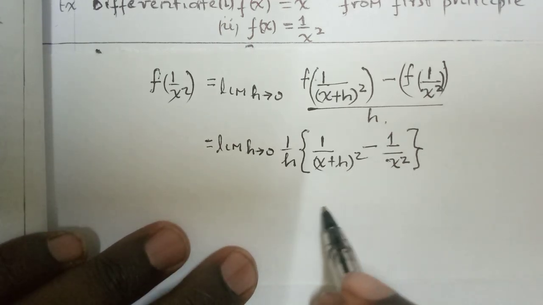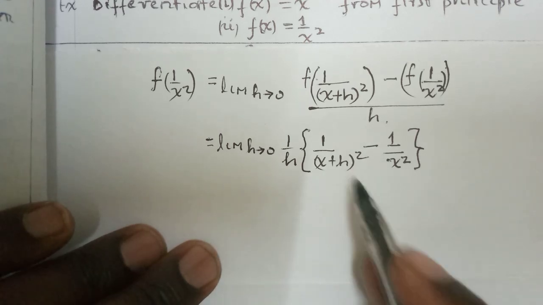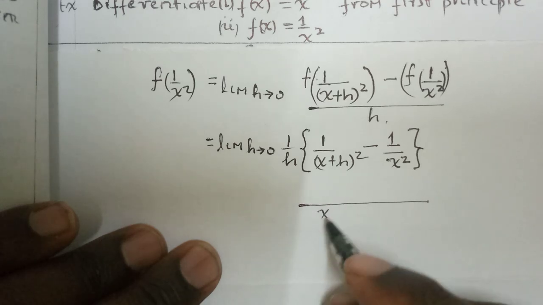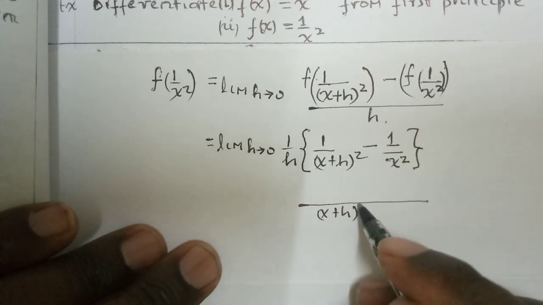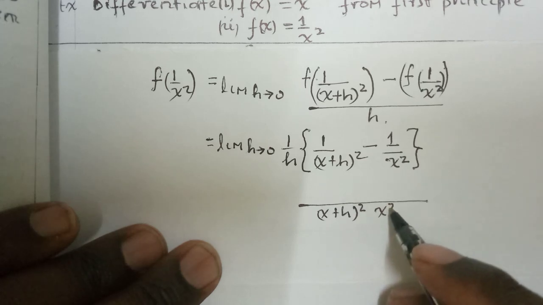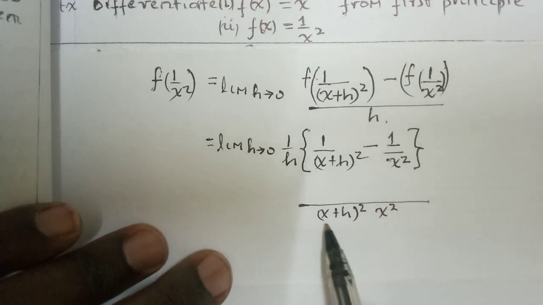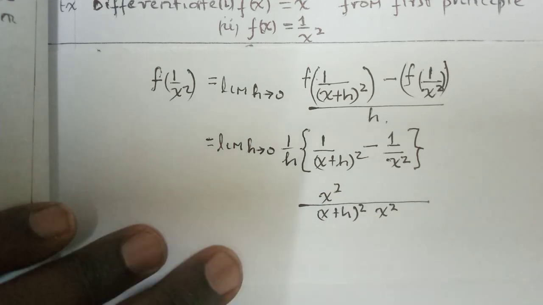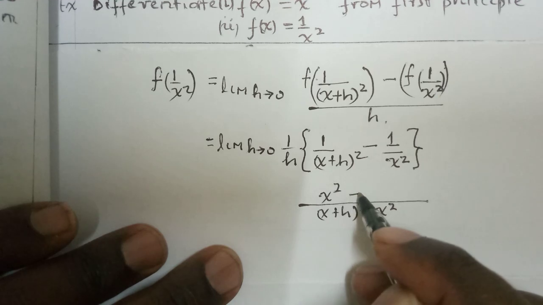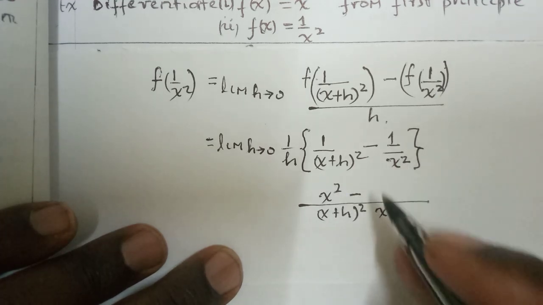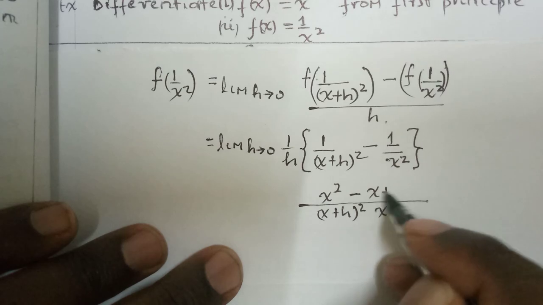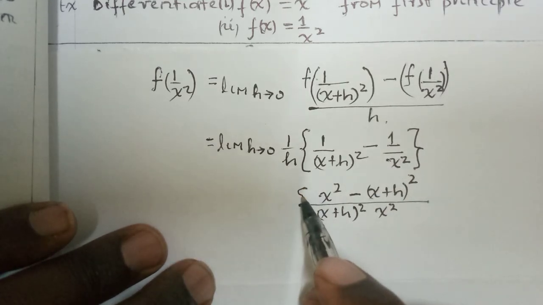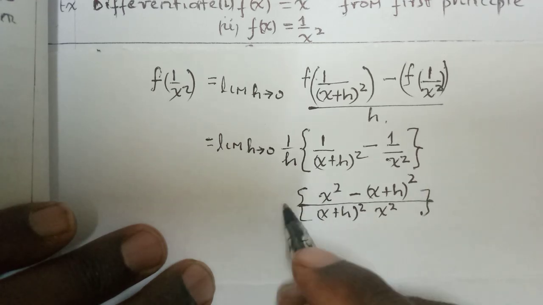The LCM will be equal to, draw a line there, then we can put here (x plus h) squared and then x squared there. This one divided by that, you get x squared, minus, this divided by that, you get (x plus h) squared. This is being divided by h.